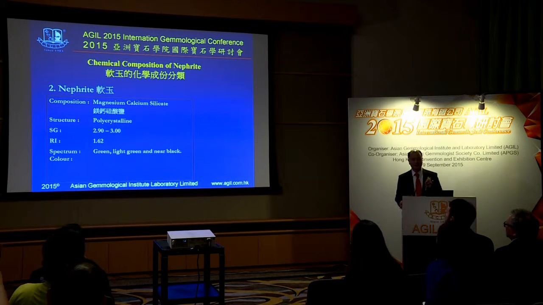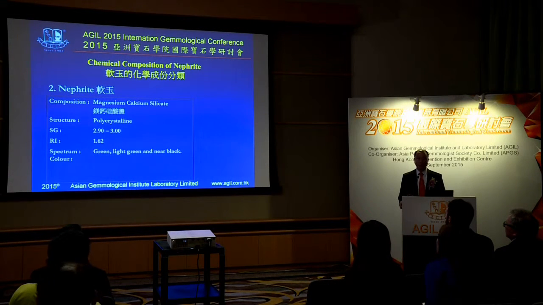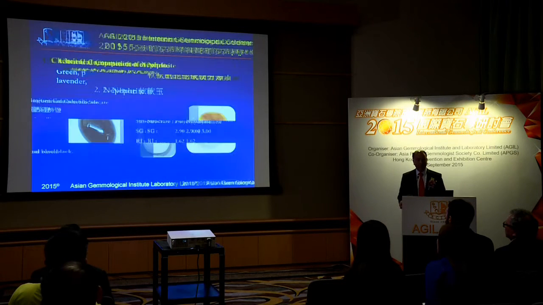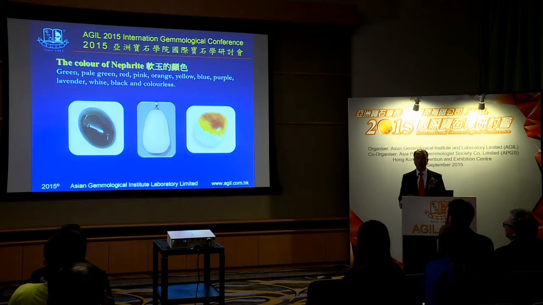The physical and optical properties of jadeite and nephrite are a little bit different. But anyway, nephrite's color range will be a little bit limited, such as deep green, near white, and sometimes with some yellowish stain.